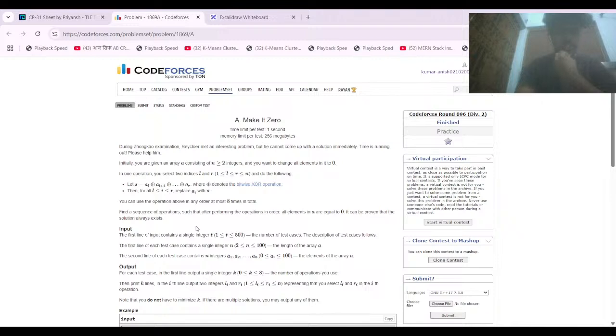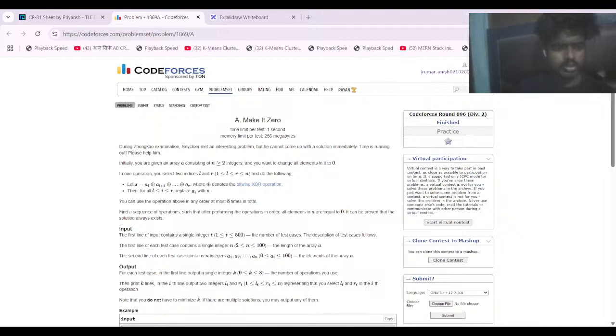In one operation you can select indices L to R, basically selecting indexes in one-based indexing, so 1 less than or equal to L less than or equal to R less than or equal to N, and you do the following: you find the bitwise XOR of all the numbers from A_L to A_R, and this value replaces every number A_i in that range.